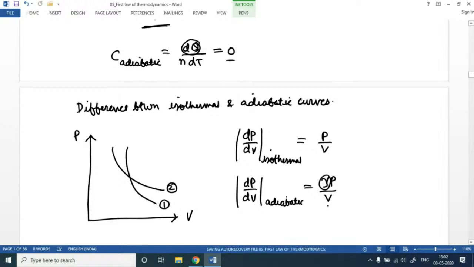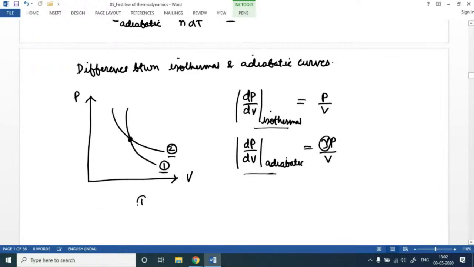So you should realize that the magnitude of slope of the adiabatic curve will be greater than that of the isothermal curve at a given pressure and volume. Let's say this is the point we are looking at. At this point you can see that the magnitude of slope of curve 1 is greater than that of curve 2. So the one having the greater magnitude of slope is the adiabatic one, that is curve 1, and curve 2 is obviously isothermal. That is how you can compare.